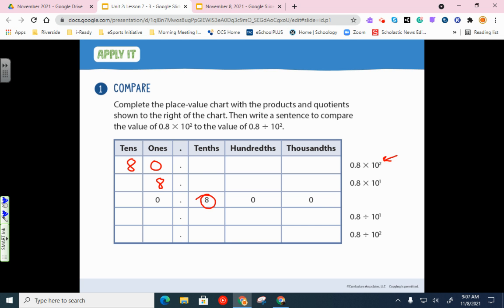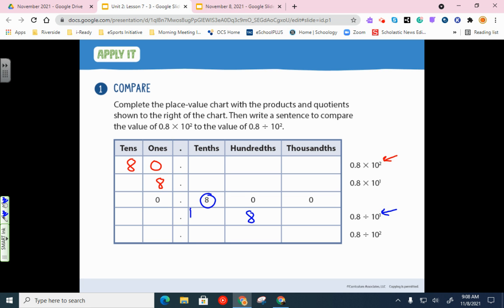Let's see what else we can do here. Now we can do the opposite with division. For division, what we can do is move our numbers in the opposite direction. So I'll just circle this with an 8 like that. Okay, so our 8 we're doing divided by 10 to the first. That means it moves one place value over.